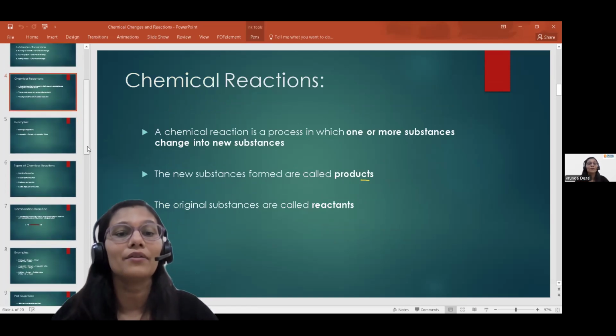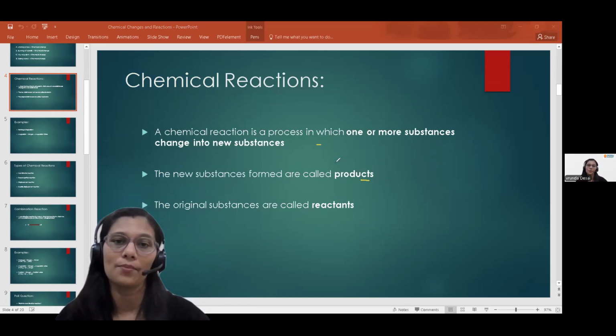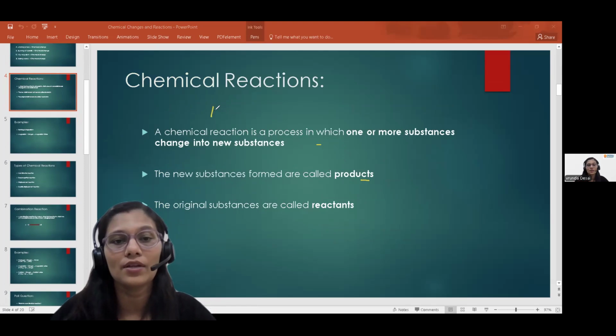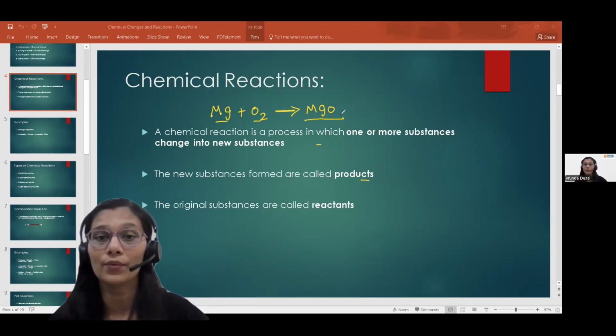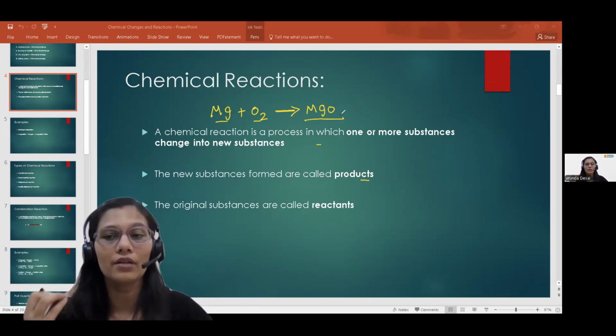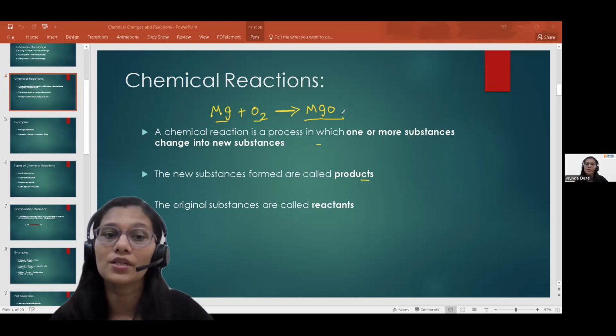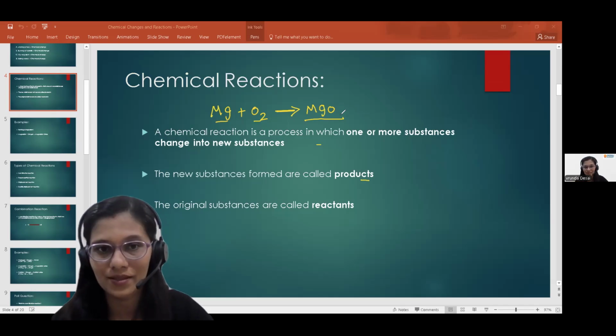Okay, so a chemical reaction, students, is a process in which one or more substances change into a new substance. As we have already seen in the last class, magnesium plus oxygen will give us magnesium oxide. Here these substances are changing into something new. That is a chemical reaction.